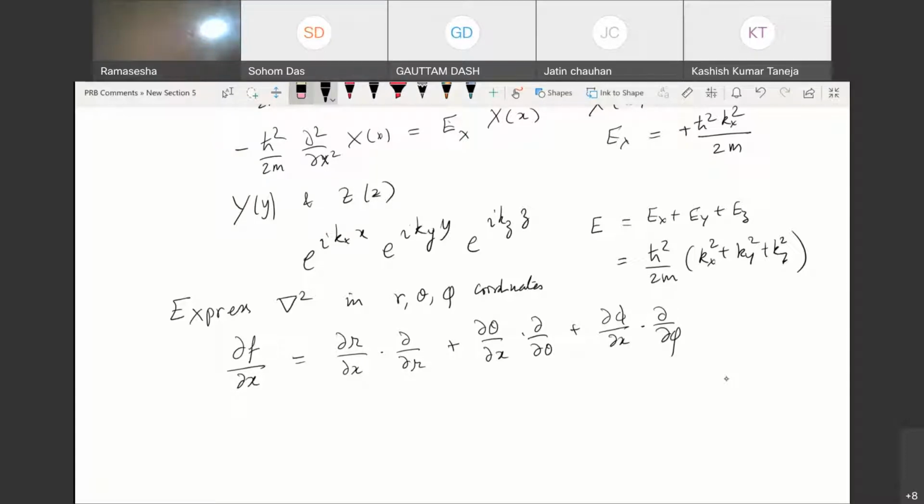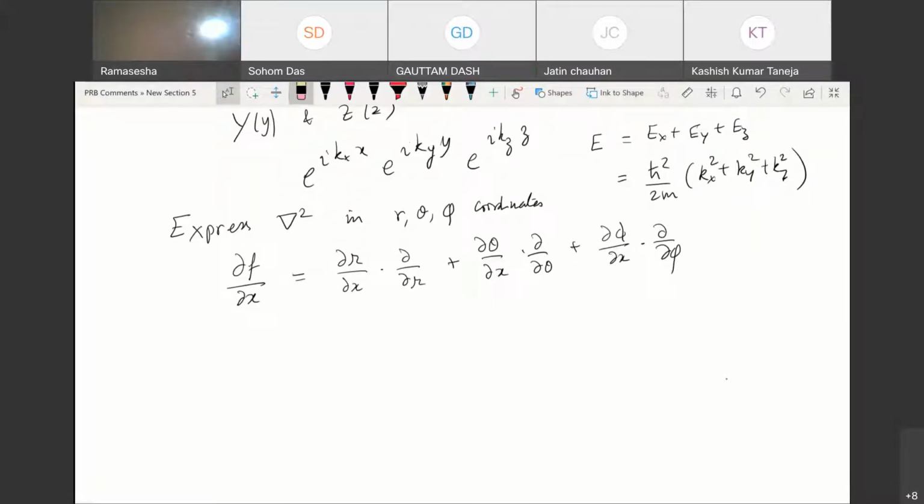So this is how it will be, and you can get similarly del f by del y and del f by del z. So this will give you the operator del.